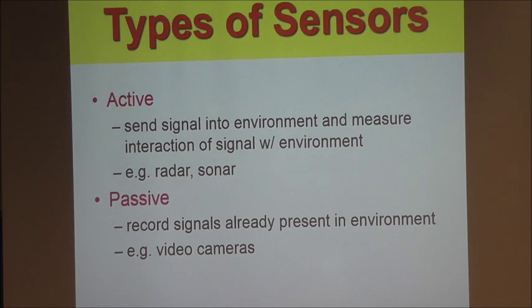Passive sensors are those which record signals already present in the environment. For example, there is a video camera in the corner of the room, and it already has images, and then the robot will make use of that information, which is outside of its own internal domain.